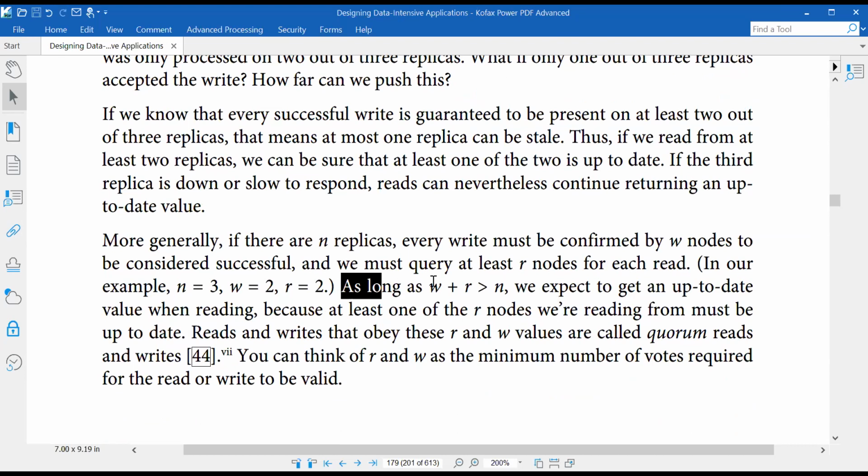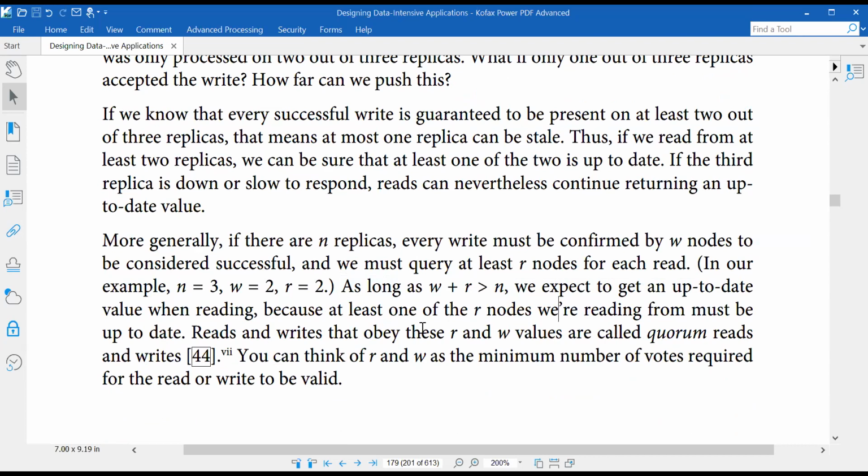So as long as W plus R, the write and read counts, is greater than N, in this case 2 plus 2, 4, is greater than 3 nodes, we expect to get an up-to-date value when reading, because at least one of the R nodes we are reading from must be up to date.